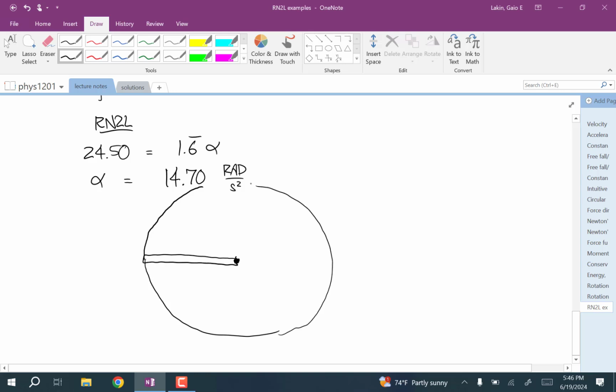Okay. The angular velocity and angular acceleration are both counterclockwise in this case. So omega and alpha are both this way. And that means that the velocity is this.